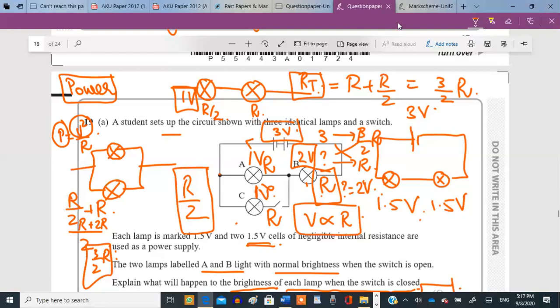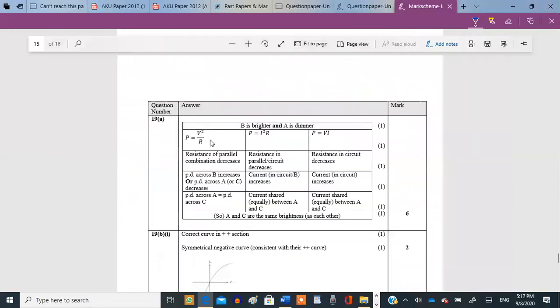All right. Now, to get all the 6 marks, you need to include all of these 6 points in your answer: 1, 2, 3, 4, 5, 6. This marking scheme is pretty strict. They've only given you 6 points, so you must make sure that you write each and every point in your answer. First, you give this formula, V squared upon R. Then you say that the resistance of the parallel combination decreases.